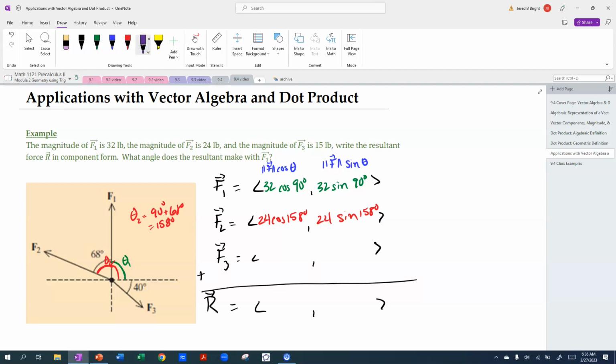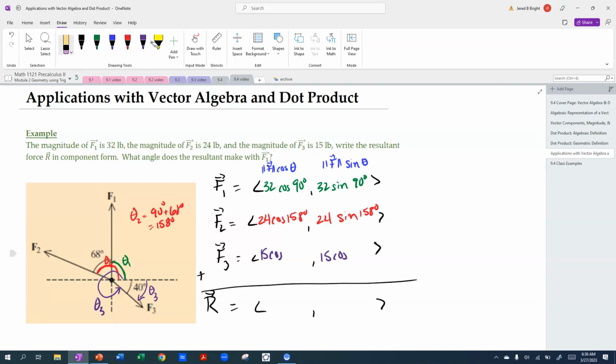And then the last vector, F3, the magnitude is 15, so 15 cosine. Now, I could do it multiple ways. I could say that this is your theta 3, or you could say that this is theta 3. It depends if you want to use positive or negative angles.